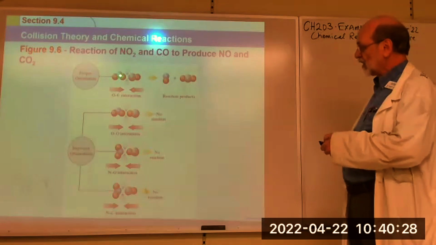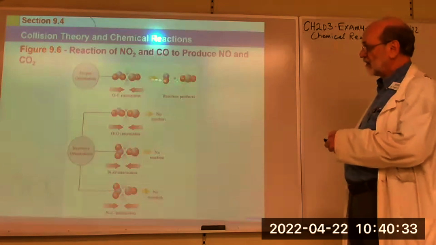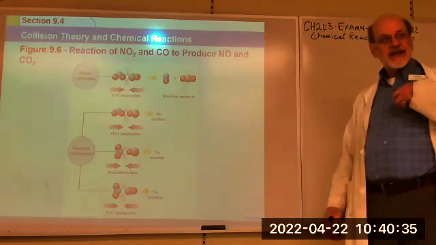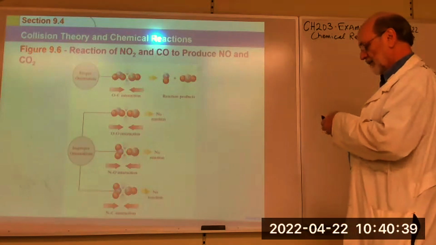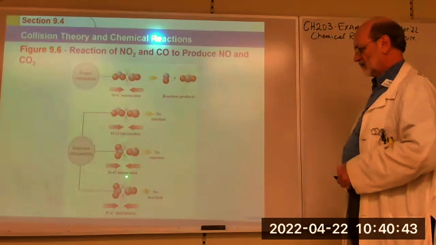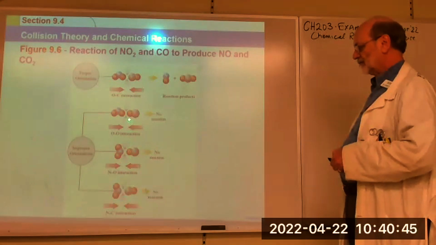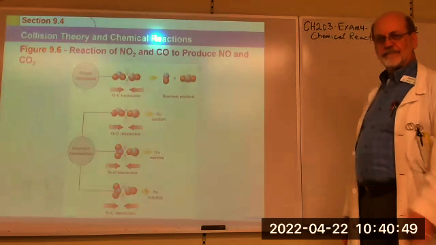But this bond is broken and transferred to that carbon monoxide to make carbon dioxide. So they're oriented properly to get that connection and with sufficient energy. These others don't have the proper orientation. They will not produce a reaction. At least not the one you desire.